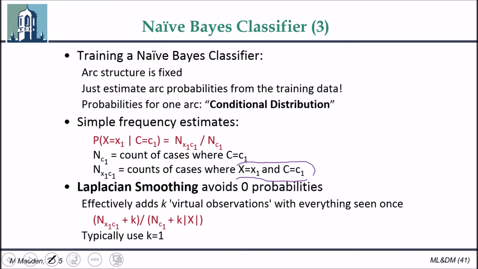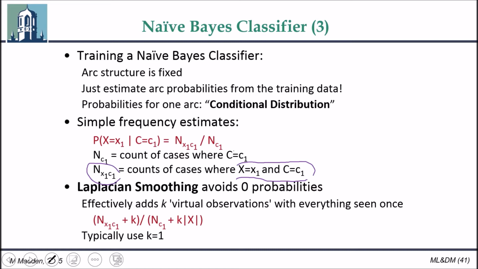So if you get a 0 for n of x1 c1, then you get a 0 probability here. And remember, when we calculate our probabilities, we're going to multiply out a whole string of probabilities. If we do a whole load of multiplications and one of those answers is 0, we're going to get 0 for the whole multiplication. So 0 probabilities end up propagating and messing up our calculations.